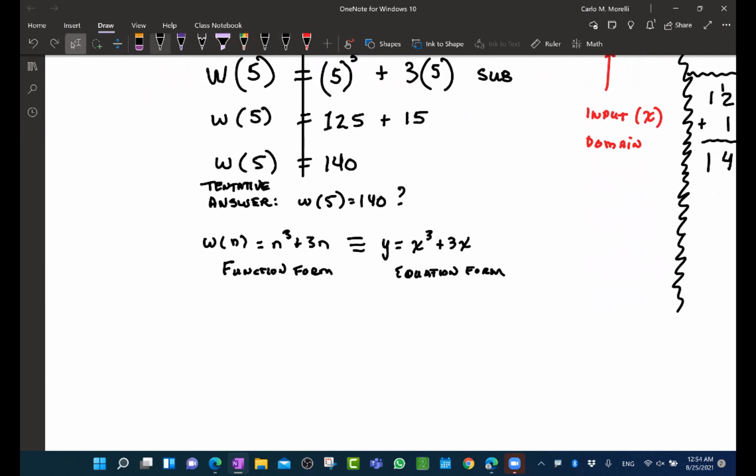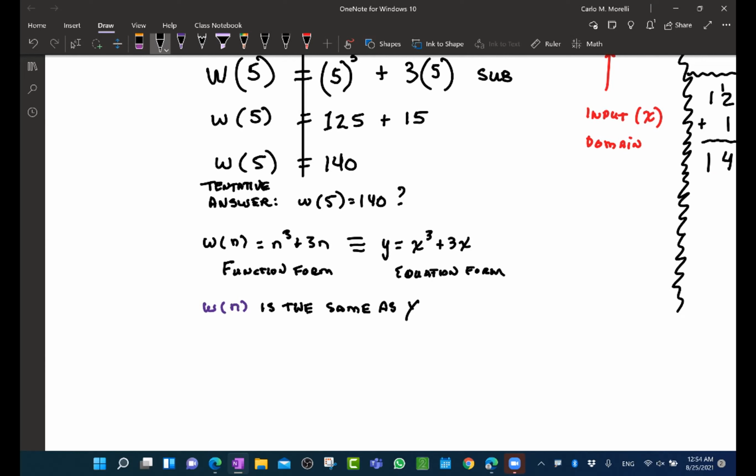So let's go back over here. That means that W of n is the same thing, I'm switching to, let's stick with all caps, is the same as just putting Y. Okay.